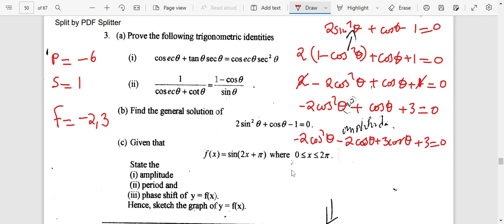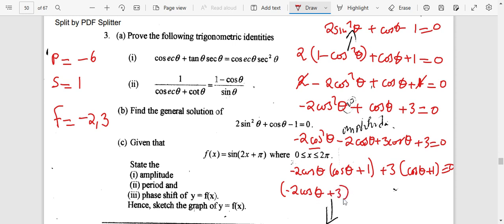So we're going to factorize out negative 2 cos on the first 2. What remains here is only a cos because it was cos squared, and then it will become plus since I've removed the negative 2. What remains here is just a 1. And then for the second 2, I'm going to factorize out a 3. What remains is cos theta plus 1. That will be equal to 0. So pair what is outside, that is going to be negative 2 cos theta plus 3, and then we have got cos theta plus 1, that is going to be equal to 0.